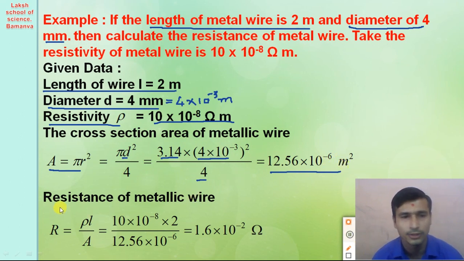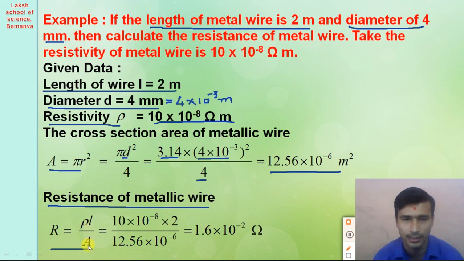Now the resistance of the metallic wire is given by the equation R is equal to rho L divided by A, right, where rho is the resistivity of the metallic conductor, L is the length of the conductor, and A is the cross section area of the conductor.